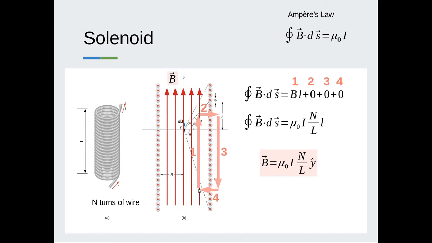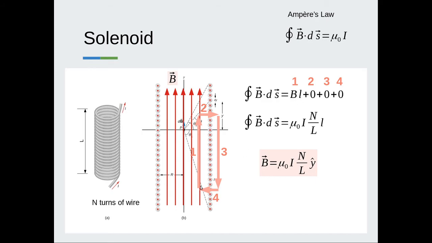Then we can divide it into 4 sections. Section 1 goes from here to here, and the inner product of your magnetic field and your path is just B multiplied by the length.